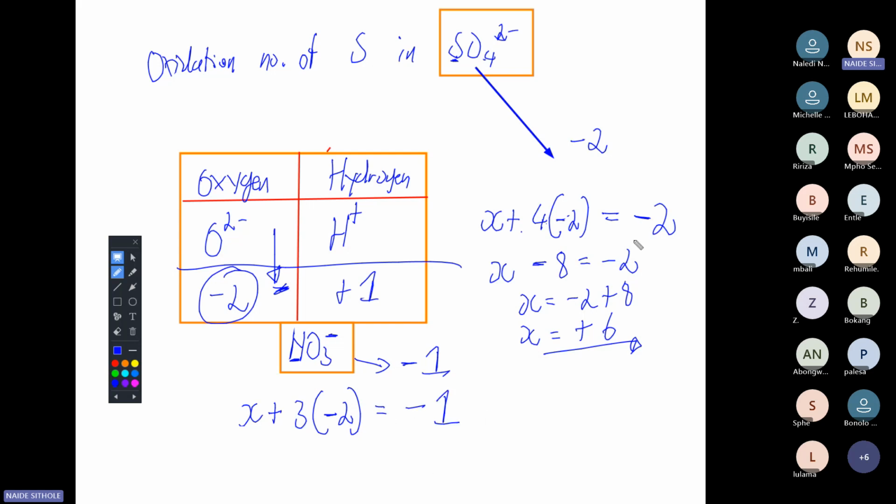Here it was just a coincidence that the whole thing was -2 and oxygen is also -2, but understand that we equate to the charge of the whole ion. So x, 3 times -2 is -6, equal to -1, then x is equal to -1 plus 6. Therefore our x becomes positive 5. So that's how you determine the oxidation numbers.